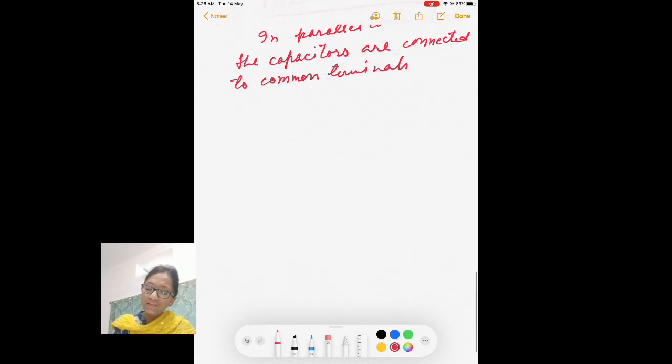In this way, suppose you have the same 3 capacitors, C1, C2, C3, connected on 2 common terminals.